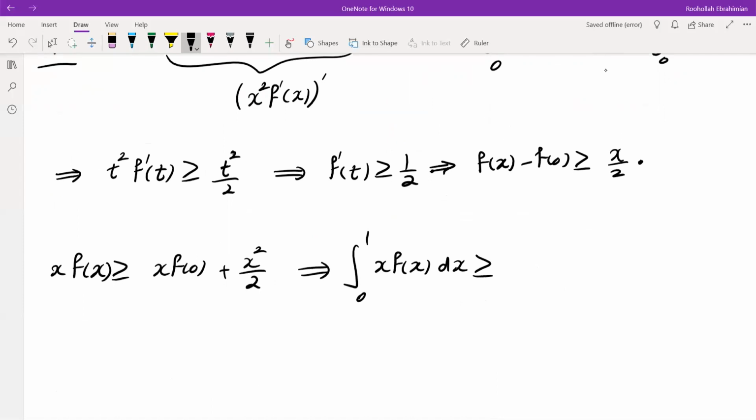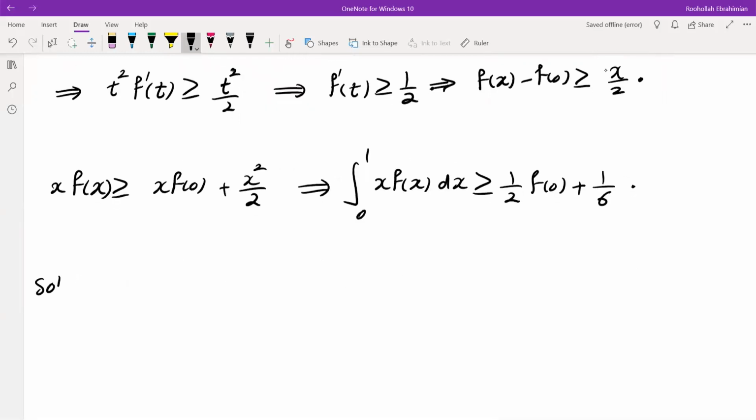And on the right, I get the integral from 0 to 1. The integral of x from 0 to 1 is 1/2, so that would be 1/2 f of 0, plus the integral of that from 0 to 1 would be 1/6. Okay, so that seems very promising. We'll do the same thing for the other side as well, and then we'll turn that into a solution. Okay, so let's write down the solution now.